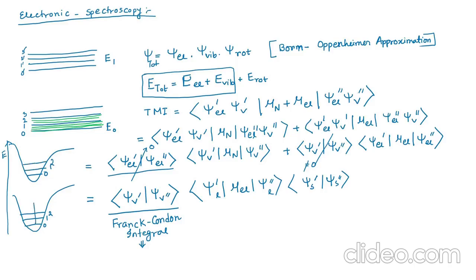So the vertical transition is given by this Franck-Condon principle, and the overlap of this actually gives you that. So the better the overlap between the vibrational states, the higher the integral, the higher the intensity.